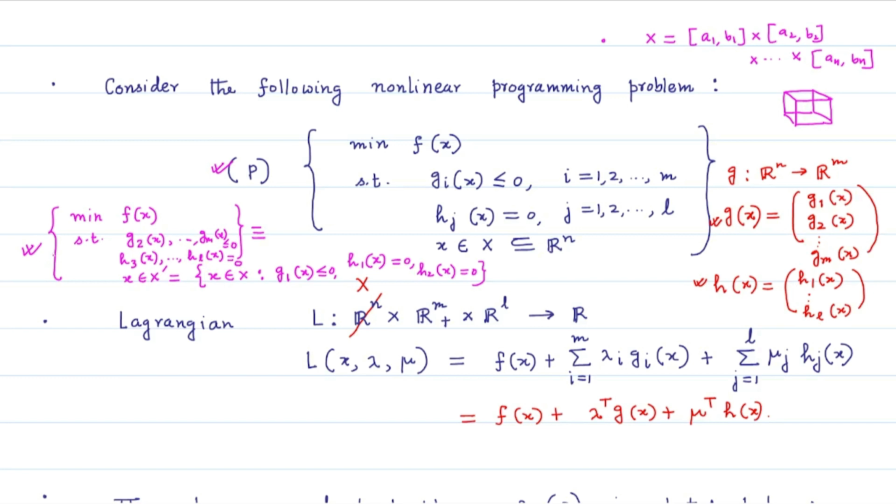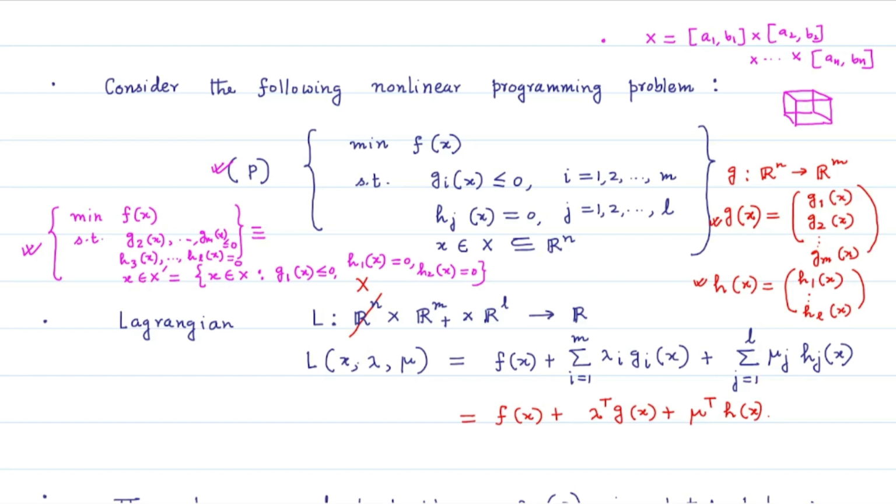Now for this problem, if we go for formulating the Lagrangian, then in the Lagrangian you will have this summation revised from i equal to 2 to m, and this summation revised from j equal to 3 to l.